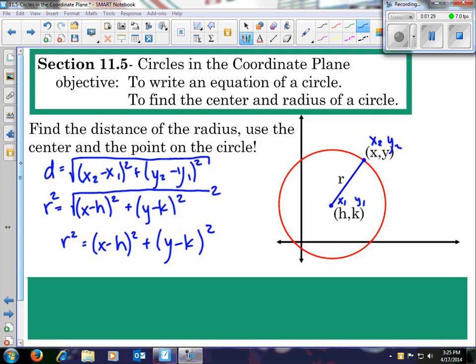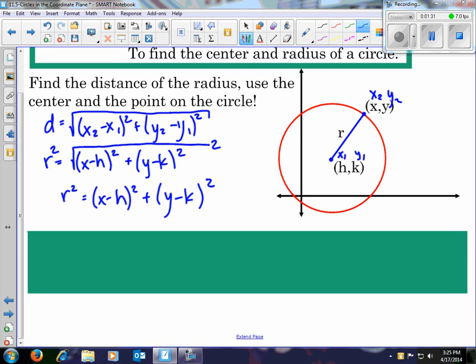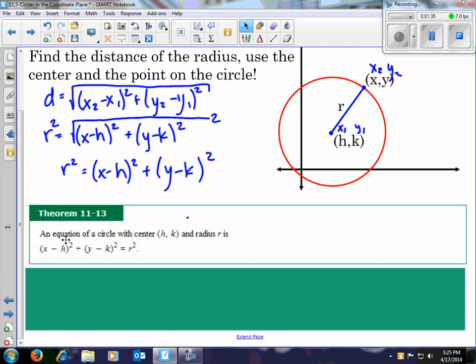Now, the cool thing about this is that this is our formula for a circle. So the equation for a circle with center hk, which is what we had, and radius r is x minus h squared plus y minus k squared equals r squared. And this will help you remember it since we know the distance formula.